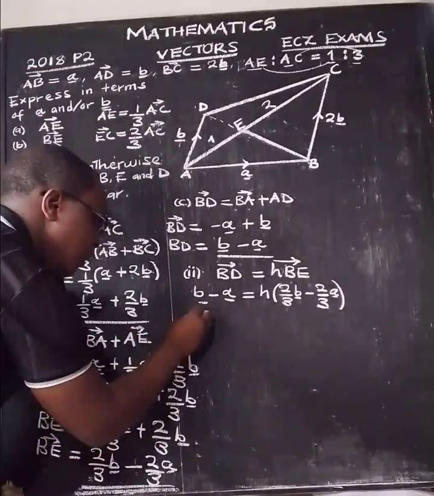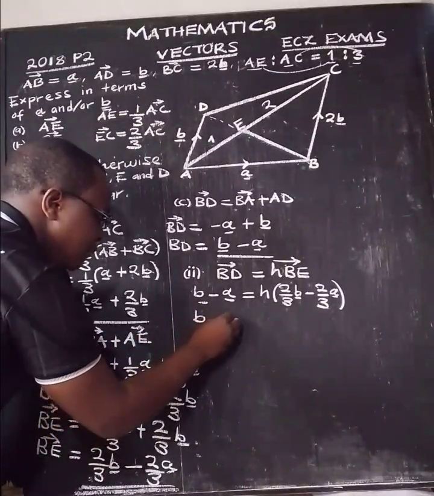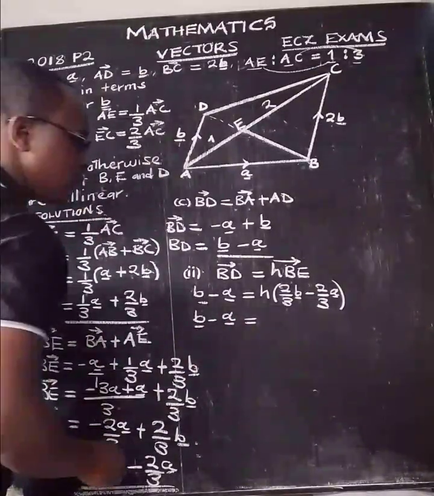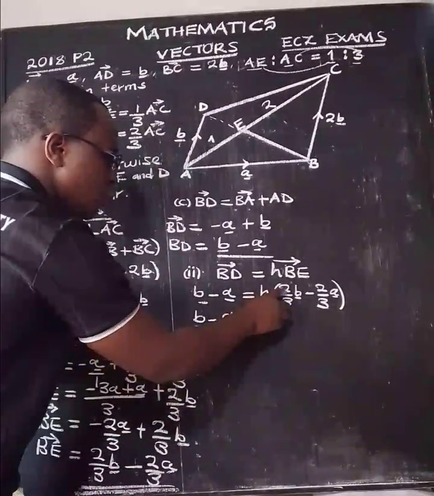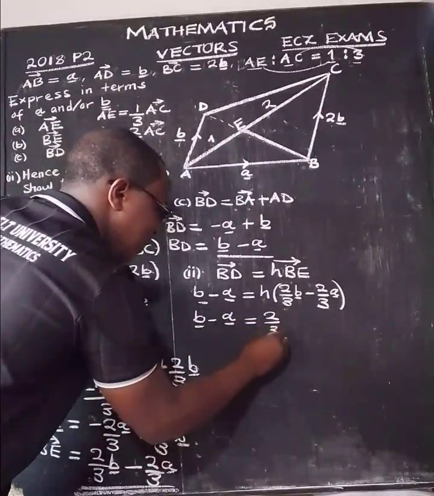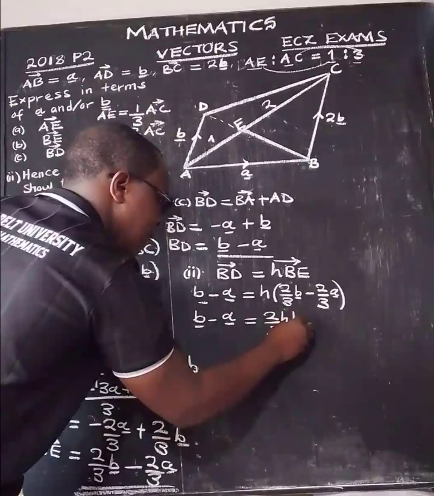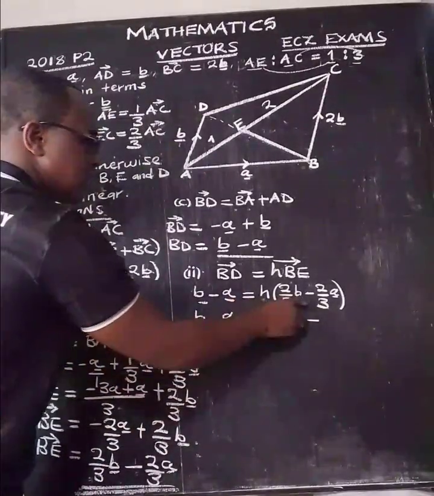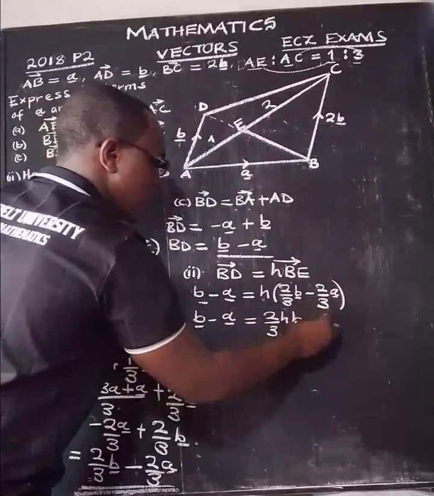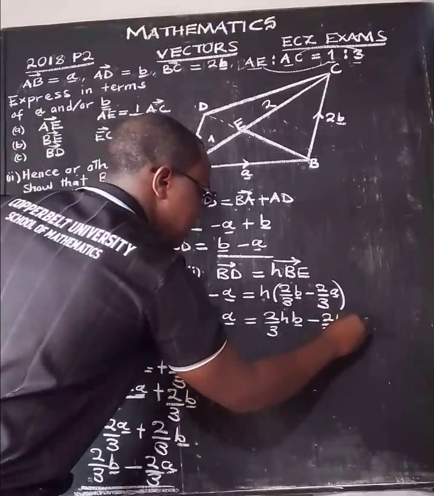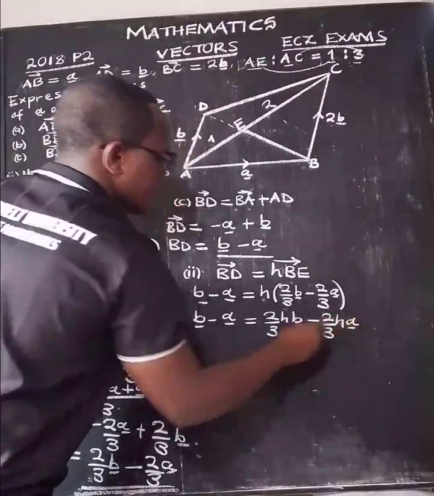So we maintain B minus A is equal to H times 2 over 3 vector B, which gives 2 over 3 H vector B. Again, H times negative 2 over 3 vector A gives negative 2 over 3 H vector A.